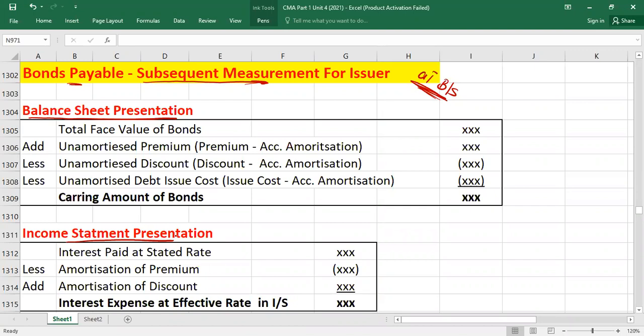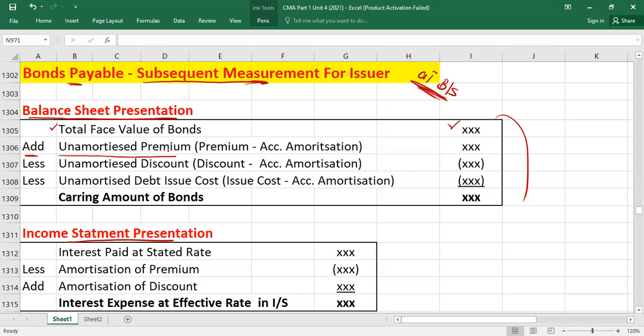So guys, how are bonds presented in the balance sheet? This is the way you will use always. Number one, you have to take the total face value of the bond. Okay, that value we need. We will add. What will we add? What is this word written?